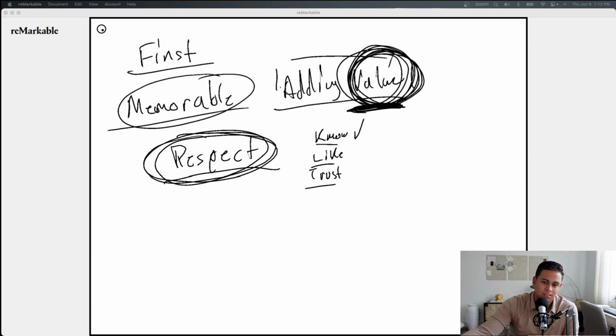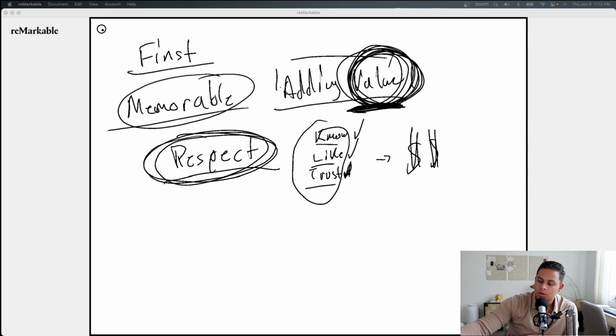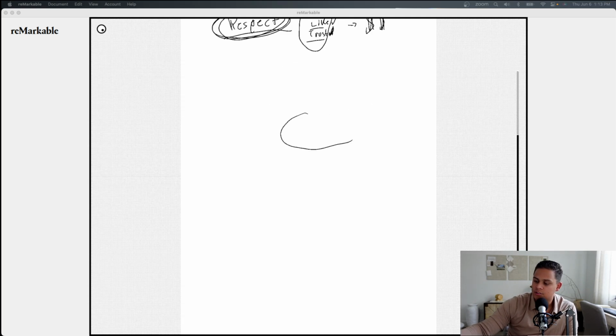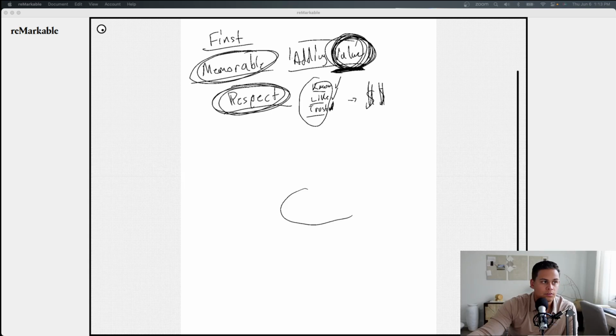If they respect us, 9 times out of 10 they're probably going to like us. And if they respect us and we deliver on everything that we're telling them we're going to deliver on, they will trust us. And when these 3 things align, people buy from you. So we need to make sure that they remember who we are, what we do, and what we offer by adding extreme amounts of value to them.